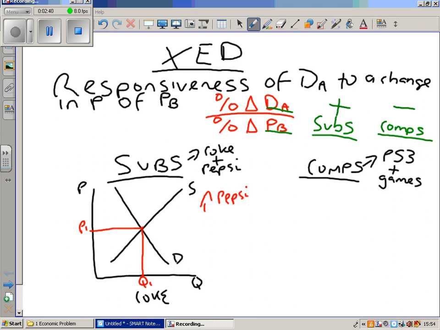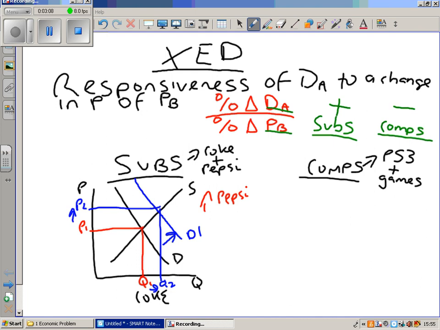Okay, so what we would expect, because Coke and Pepsi are substitutes, as Pepsi becomes more expensive, more people will buy Coke, which would shift the demand curve for Coke to the right. Clearly this will lead to higher quantity for Coke and an increase in the price of Coke. Obviously the reverse is true, so for example if Pepsi prices fell, the demand for Coke would decrease.